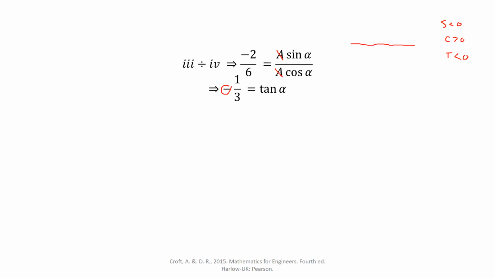Now let's come to the coordinate system. So tan is negative; here all positive, here sine positive, cos positive and tan positive. So because of this it is rejected.